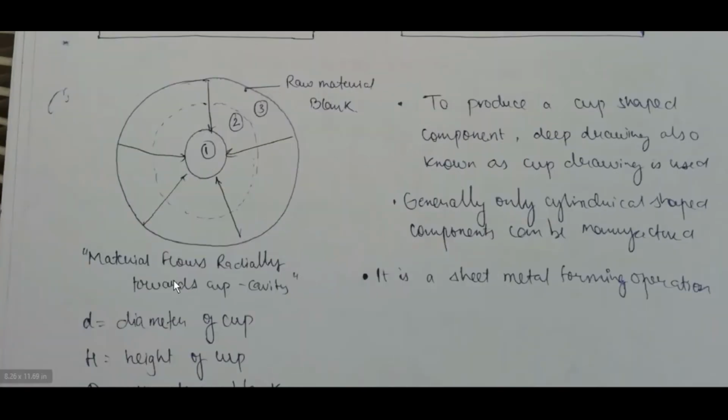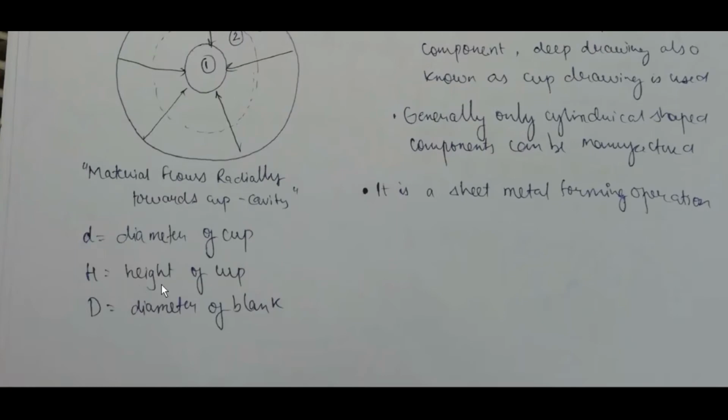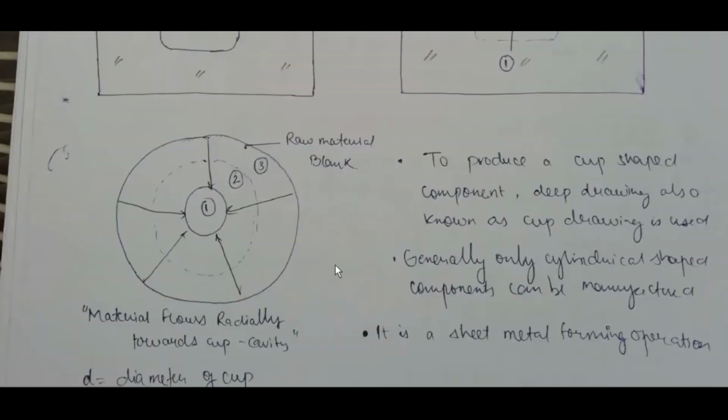Material flows radially towards the cup cavity. d is the diameter of the cup, H is the height of the cup, capital D is the diameter of the blank. To produce a cup shaped component, deep drawing, also known as cup drawing, is used.